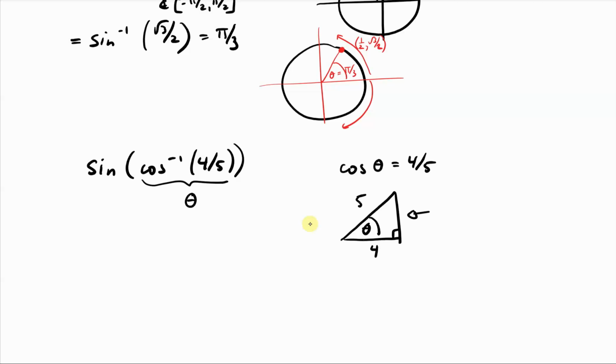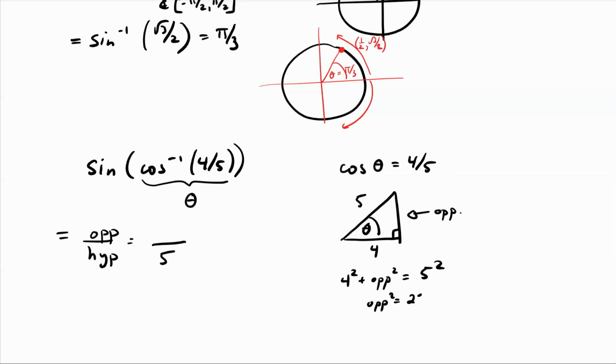Using the Pythagorean theorem, we could find what this side is. To find the sine of theta, this is just going to be opposite over hypotenuse. The hypotenuse is 5, so I just need the opposite side. We know that 4 squared plus the opposite side squared is the hypotenuse squared. So the opposite side squared is 25 minus 16, which is 9.